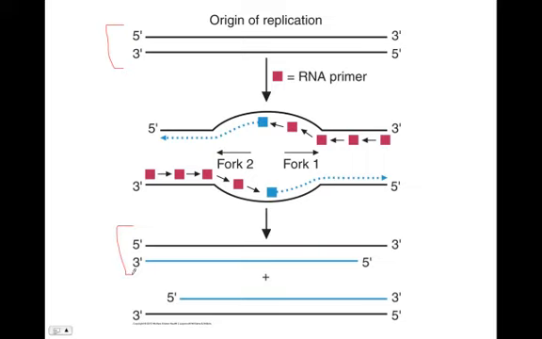Eventually, you'll synthesize 2 new copies in a semi-conservative manner. And if you notice, there's this overhang on the 3' end of both strands. This is a problem in linear DNA and consequently requires a telomerase.